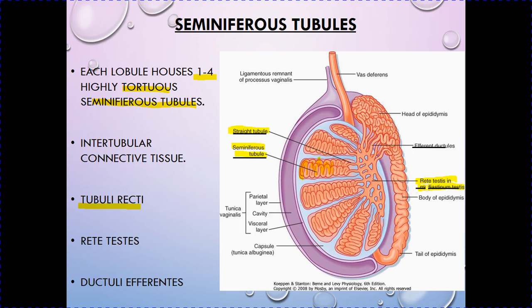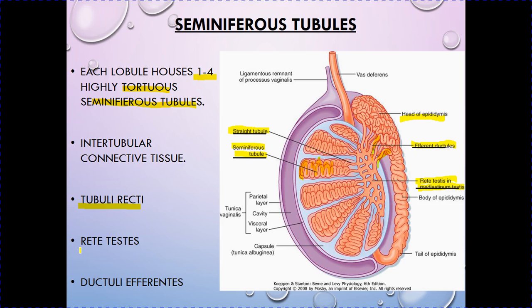From the rete testis, 10 to 20 spirally coiled efferent ductules arise, leave the testes and open into the duct of the epididymis. So these are the efferent ductules, and they are opening into the head of the epididymis.